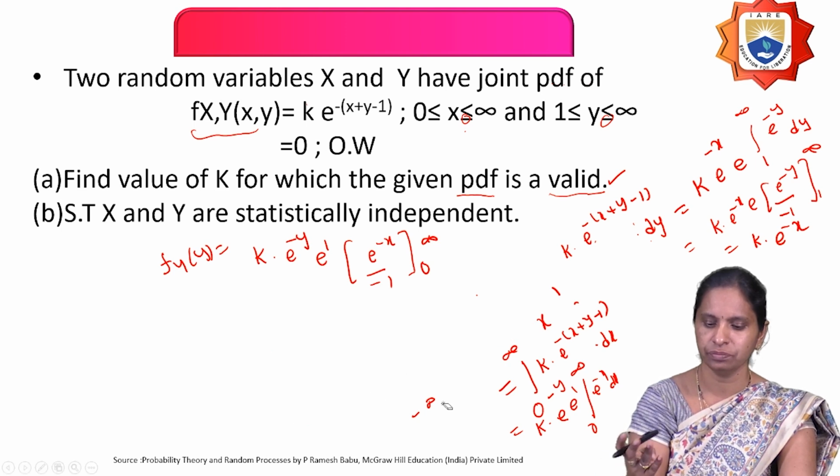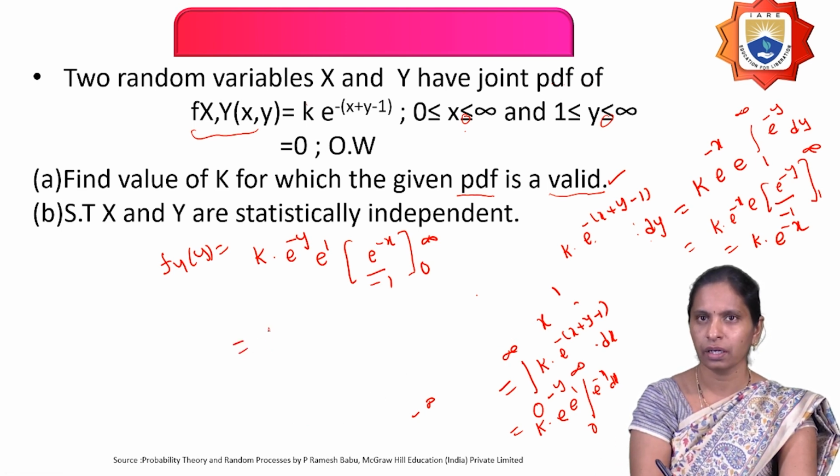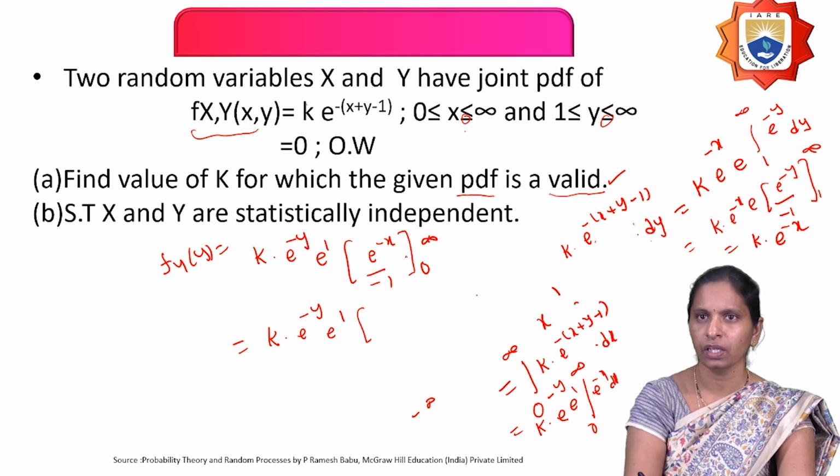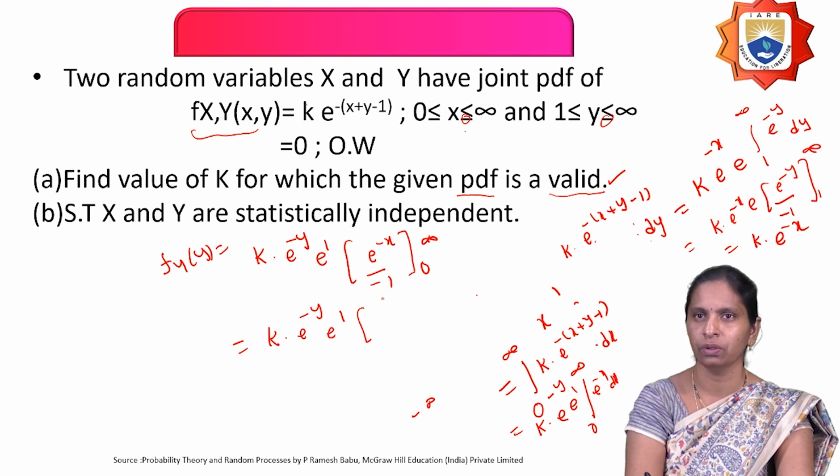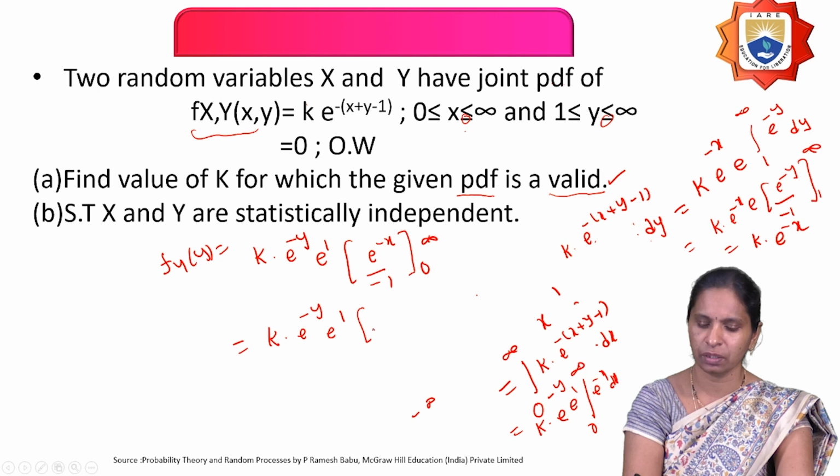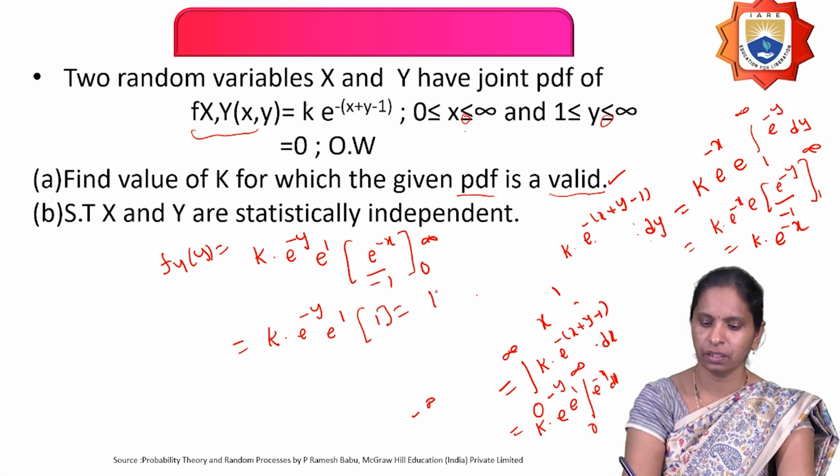Then what can you obtain here? k into e power minus 1 into e power 1 into, then what is the limit of x here? e power minus infinity, which is 0. So minus of e power 0. What is e power 0? It is nothing but 1. Then what can you obtain here? k into e power minus y into e.